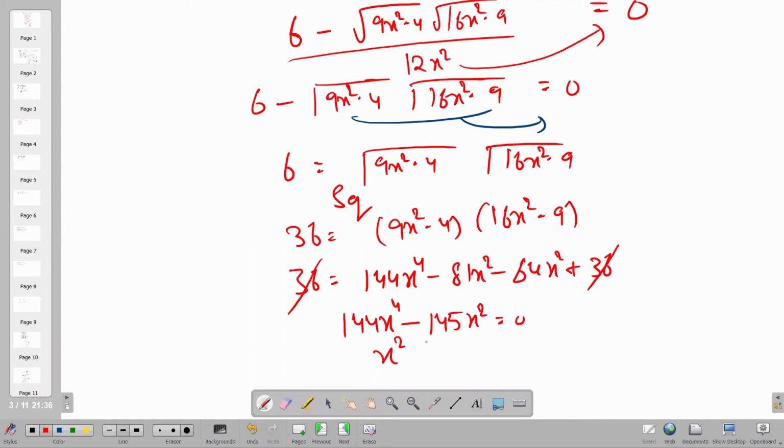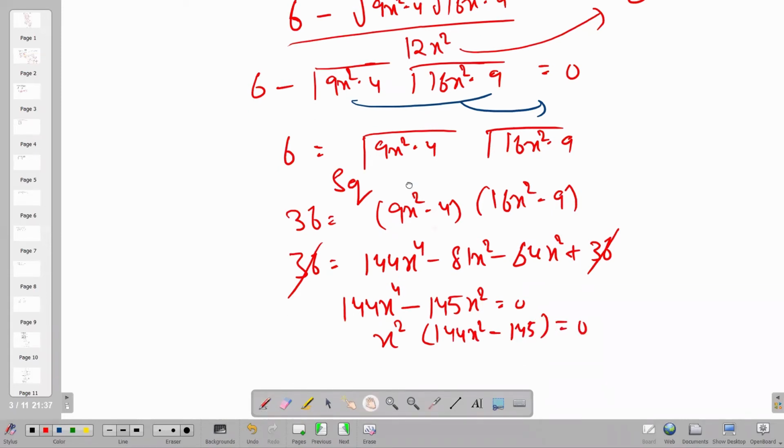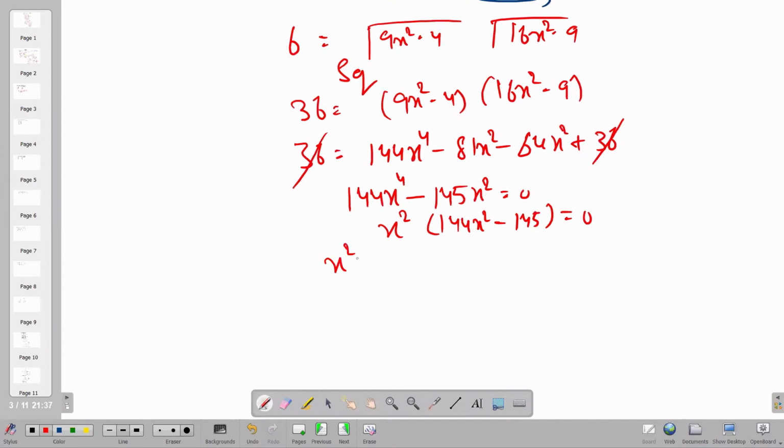Taking x square common, 144x square minus 145 equal to 0. On further solving, I get x square is equal to 0, which implies x equal to 0, and from here 144x square is equal to 145, x is equal to plus minus root of 145 upon 12.